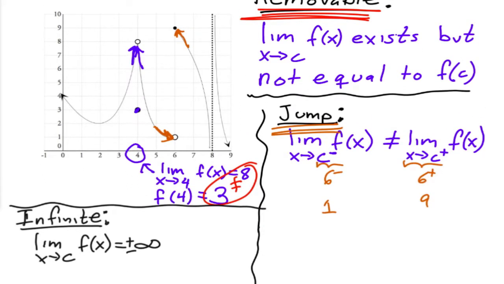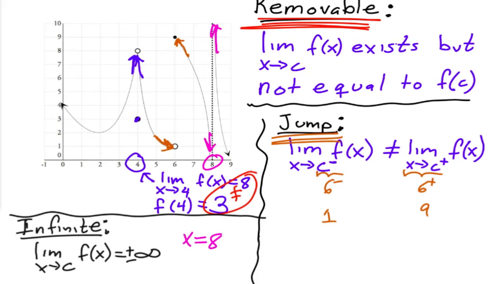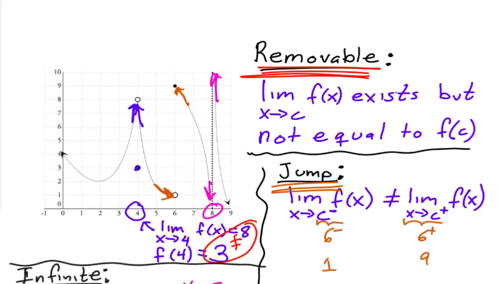You can see that you've got this situation right here at 8, because from the left it's going to negative infinity, from the right it's going to positive infinity. So at 8 there would be an infinite discontinuity. So those are the three types.